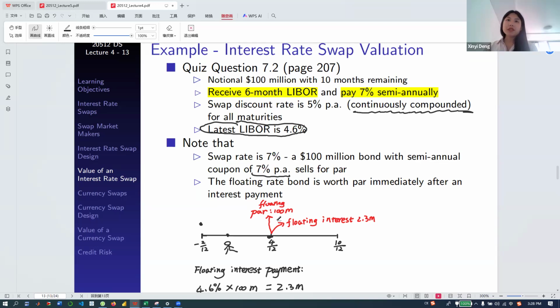So what we know is that the floating rate bond's value 4 months later is just the par value of the bond, 100 mils, plus the floating interest, which is 2.3 mils. So that adds up to 102.3. So $102.3 million.